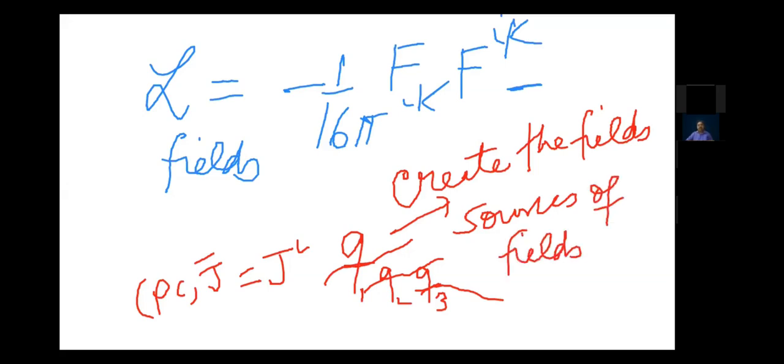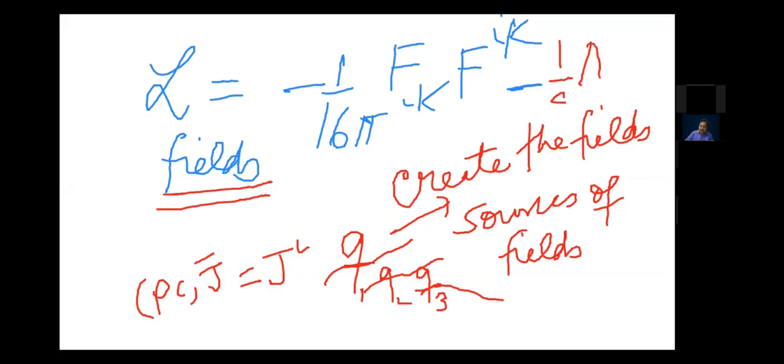So it is like Gangotri, out of which the river Ganga flows. And when you have to write down the Lagrangian for the fields, you cannot forget the sources or the parents from which these fields have been created. So you write another term to this, and that term is important.